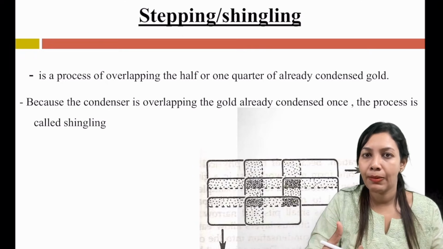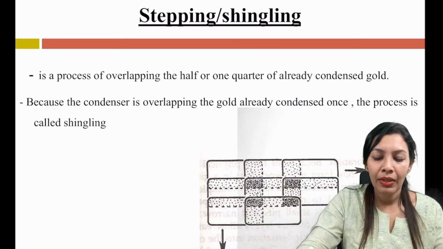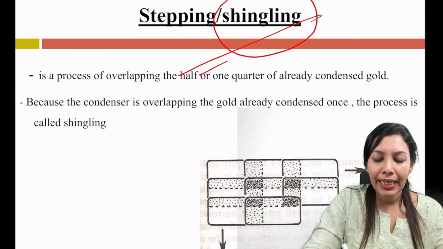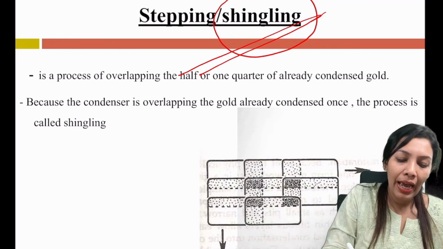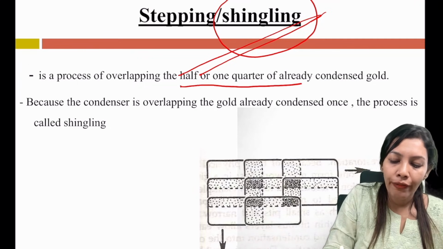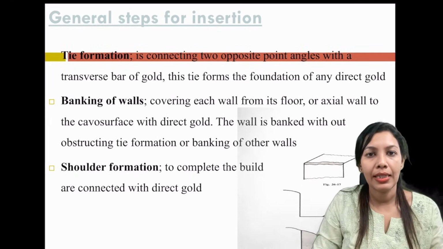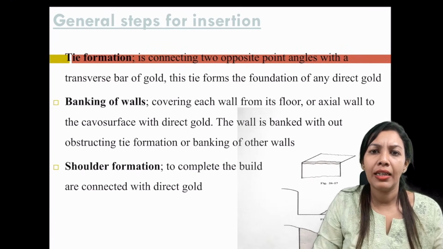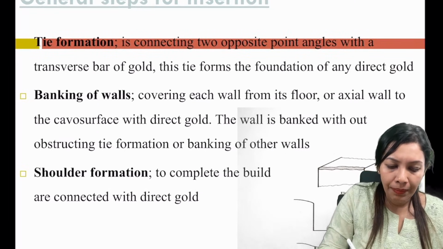What is stepping? As I've already explained, the other name of stepping is shingling. This is very important. So we have to condense such that it goes half or 1/4 of the already condensed gold, right? General steps in insertion include, first of all, tie formation.